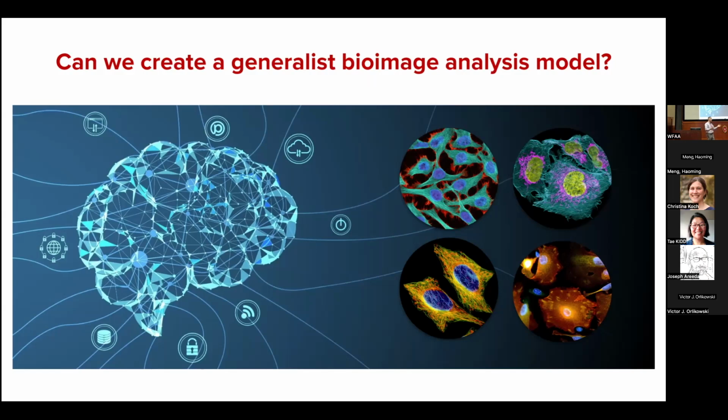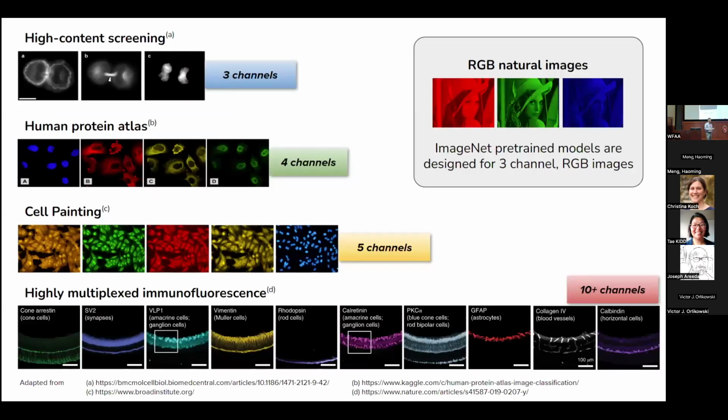What do we do with so many images? What type of machine learning algorithm do we have to use? How long does it take to train it, to refine it, and so on. So what we want to do is to create a pre-trained model that can be used for any biological experiment. But it turns out biological experiments may be very diverse as well in terms of the technical configuration.